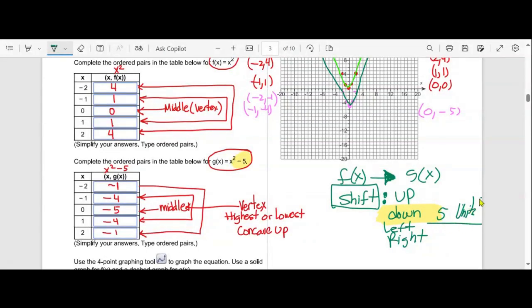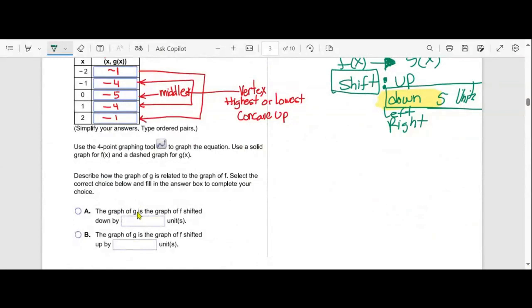So you have to be careful with this. Is this clear, everybody? So here you're going to say the graph of g is the graph of f shifted down by 5 units. Clear or not clear?